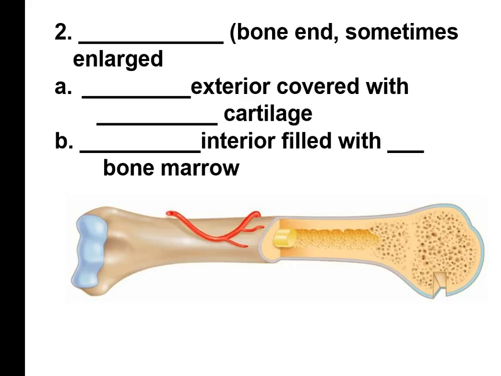So we said it's a shaft with two swollen ends. Those swollen ends are called epiphyses, or an epiphysis. It's just like with the shaft, we have a compact bone forming a shell around. At the end of the two epiphyses, there is articular or hyaline cartilage.